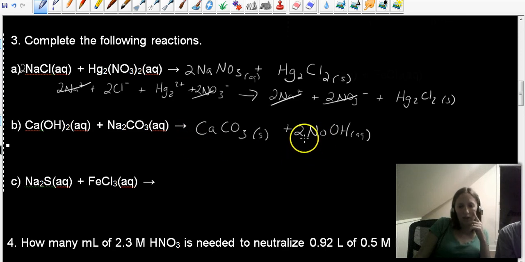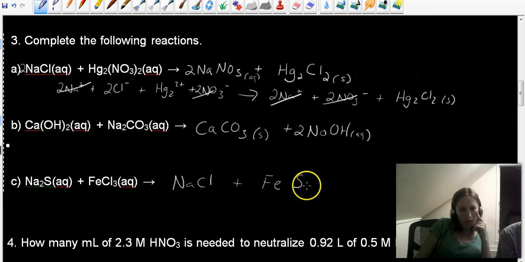So if this was net ionic, you would cross out the sodiums and the hydroxides and just end up with this one. And thirdly, we have sodium chloride and iron sulfide, which is Fe2S3. So iron 3 sulfide, this is going to be your solid precipitate. This is going to be aqueous. And if you were doing the net ionic, you would cross out the sodiums and the chlorides.